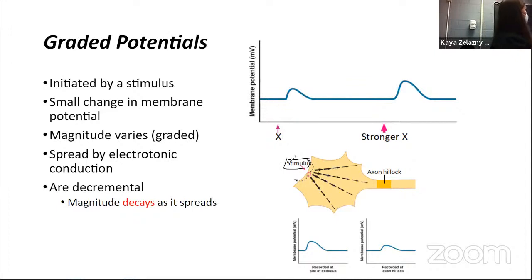When a stimulus comes in, the neuron responds by creating a small change in the membrane potential. So whatever that stimulus is, it's going to change our voltage across the cell. The easiest example to think about here really is another neuron signaling to it.